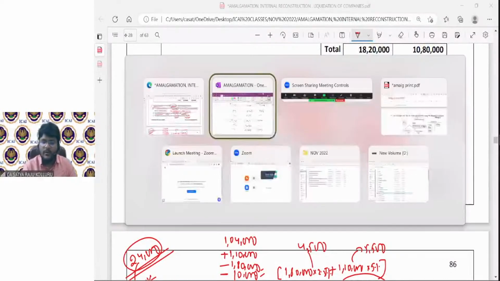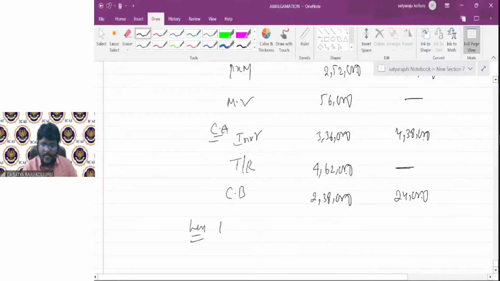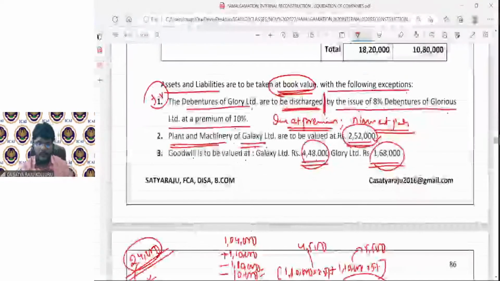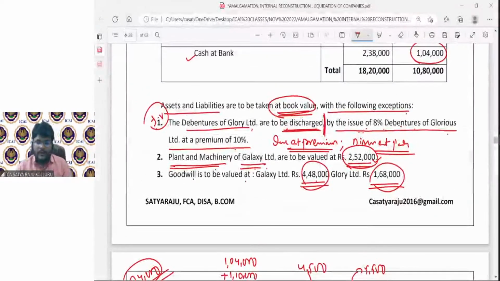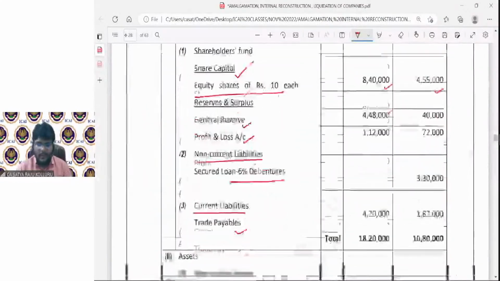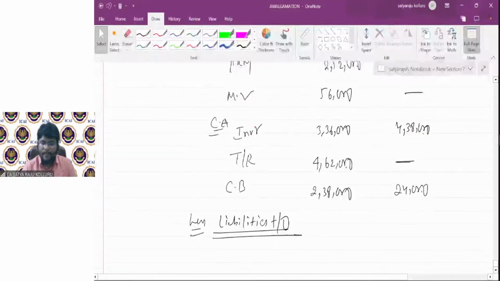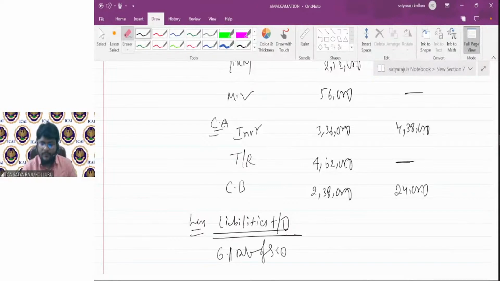I hope all assets are considered, including the goodwill and the cash balance. Now you can reduce the liabilities. Less: liabilities taken over. So first one, debentures. 6% debentures. It was only held by Glory. 6% debentures of the selling company.